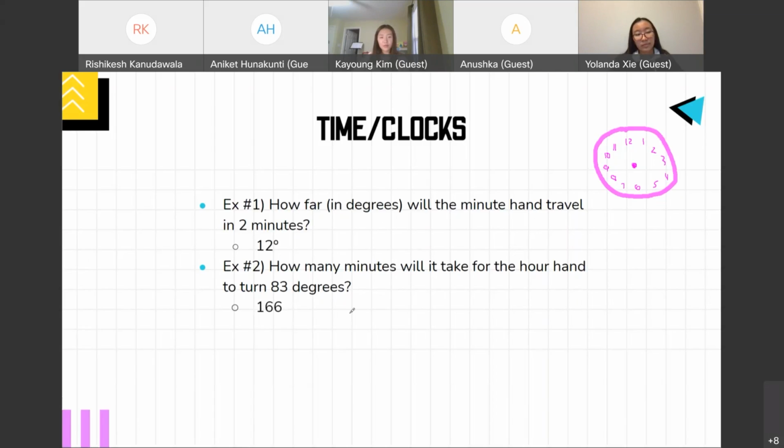So 1 minute is 0.5 degrees. Okay, so now we're going to use this to find 83 degrees. Well, I just multiply this with this. 0.5 and 83.